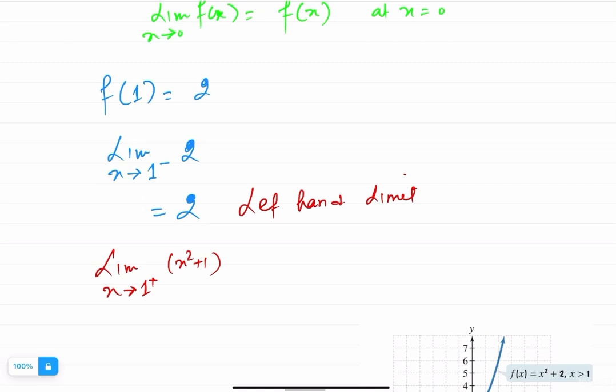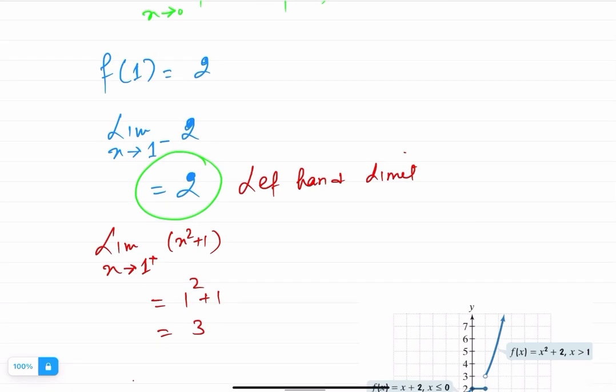So we will put x as 1, square plus 1, and the value that we are getting is 3. From the left hand side, we are getting a limit equal to 2. From the right hand side, we are getting a limit equal to 3. Are they equal? Of course they are not equal. Since they are not equal, we say that the limit does not exist. The second condition fails. So it means the function is not continuous at x equal to 1.